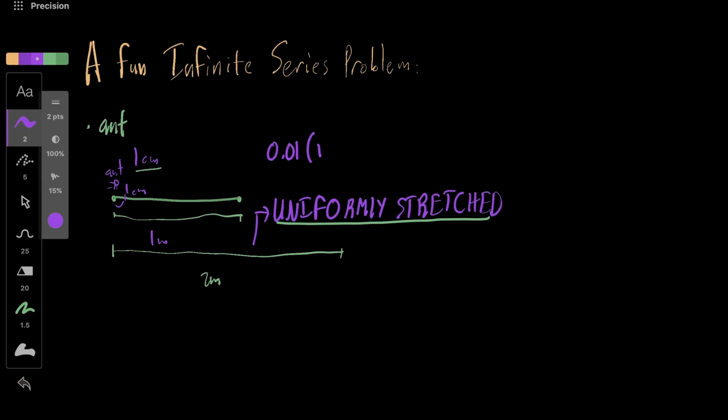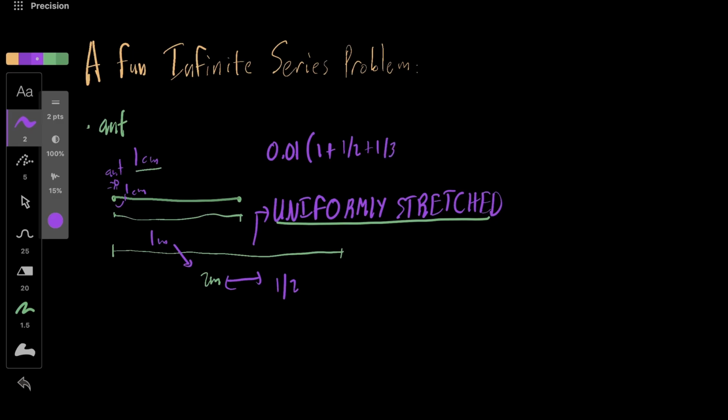Now, for the next second, we cross another centimeter. And that's 1/2% of the total length because it's half of the 1 meter. And again, this is stretched to 3 meters. But that's fine. We still cross another 0.5%. And for 3 meters, we have 1/3.